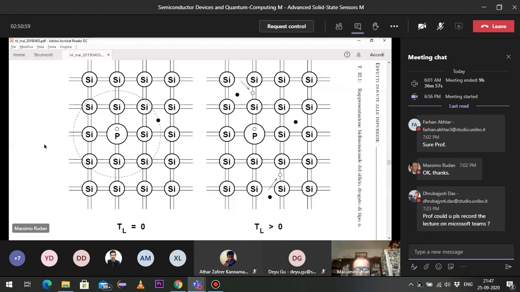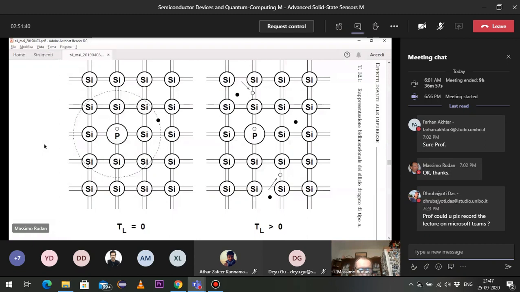So the white dot of the phosphorus atom will stay fixed at the position of the phosphorus atom. In conclusion, the phosphorus atom will make one electron available to silicon and no hole available to silicon. So it will make the population of the conduction band of silicon richer, okay, and it will give no contribution to the valence band, okay.